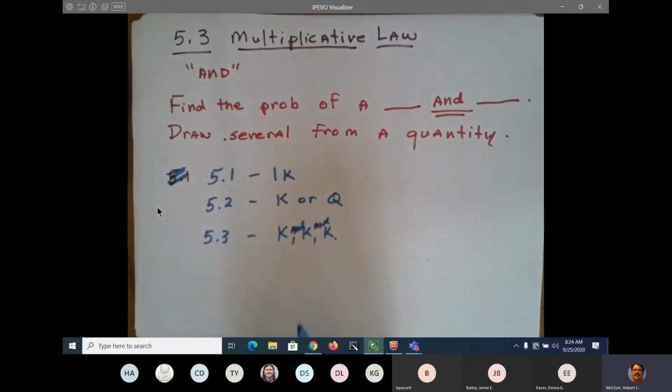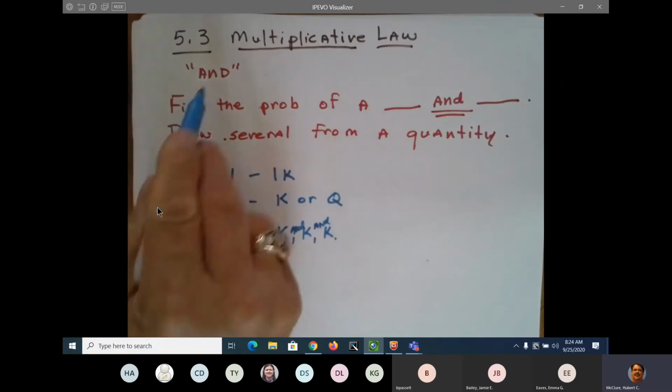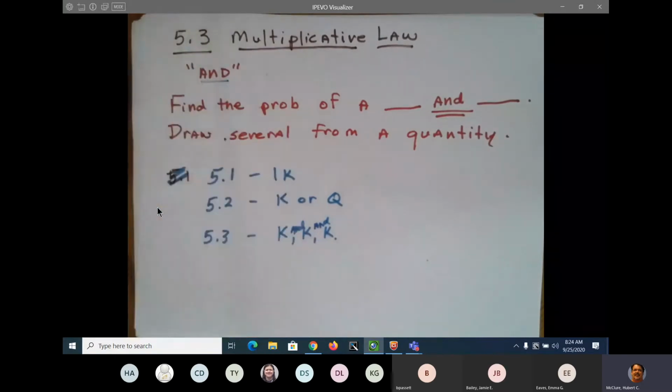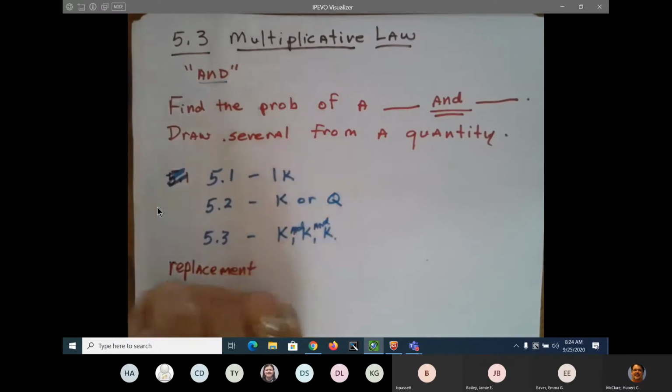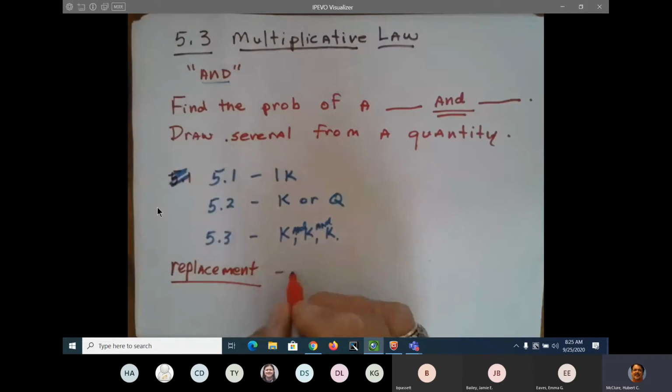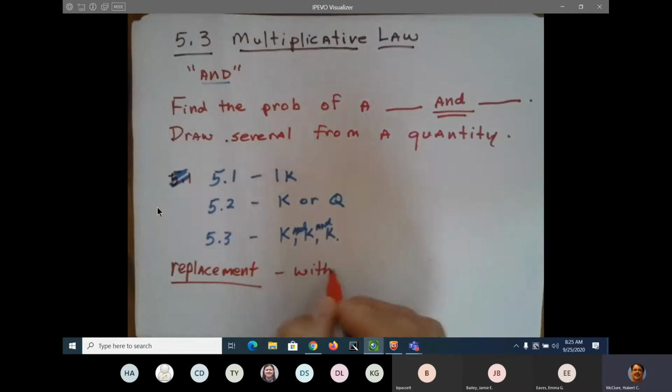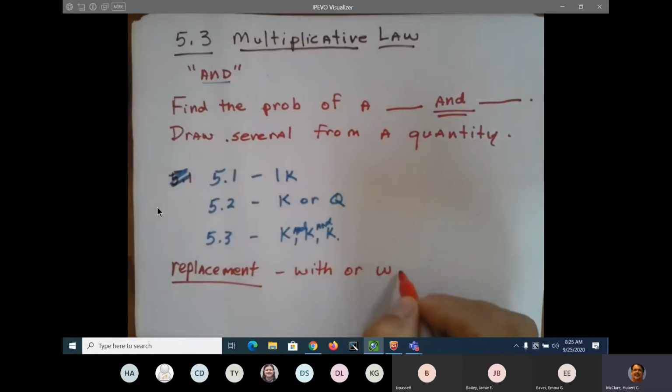Okay, so with 5.3, you're dealing with the word and, and the special rule with and is replacement, with or without.